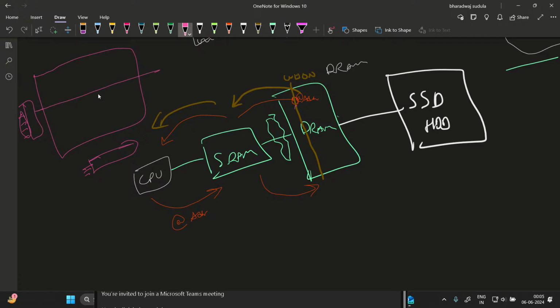So instead of taking out this data and sending it to the CPU, we make use of the fact that this word line is on. We just take the adjacent cell data as well, by just changing the column address.